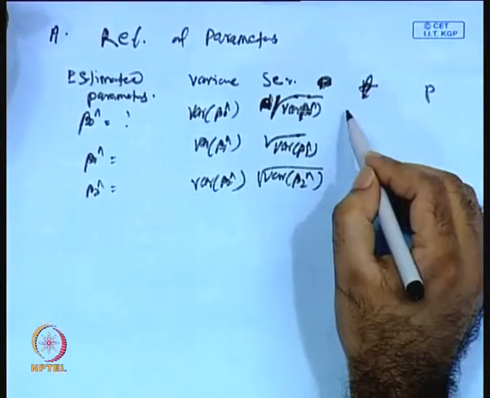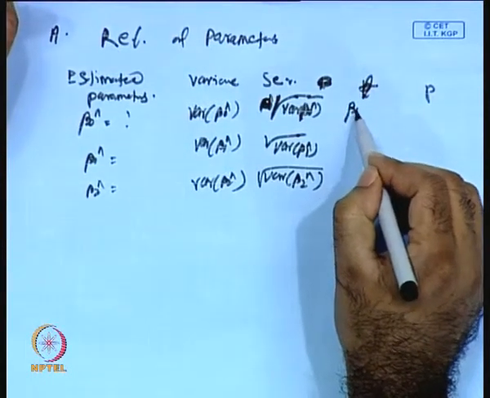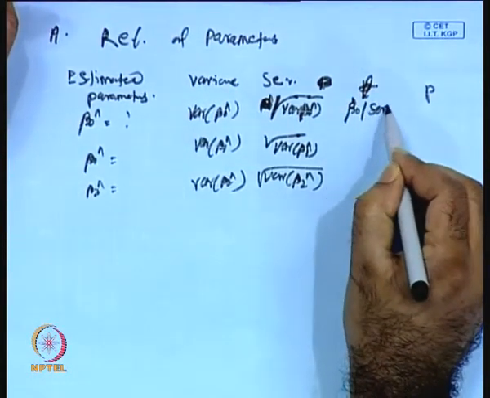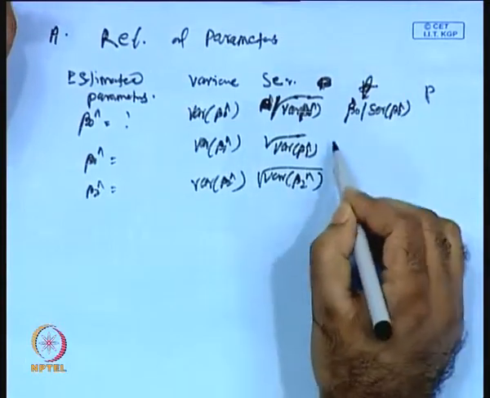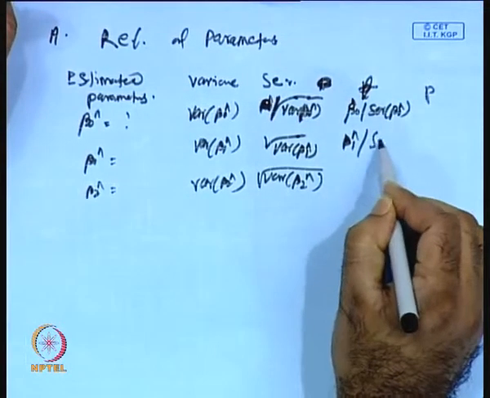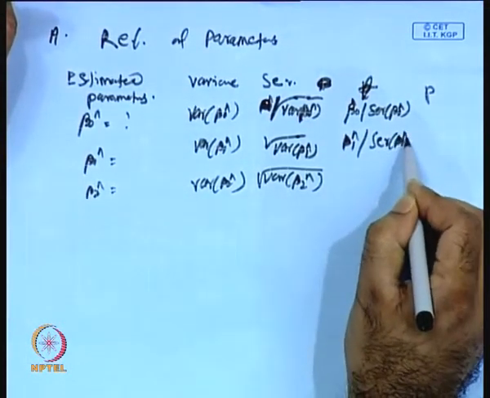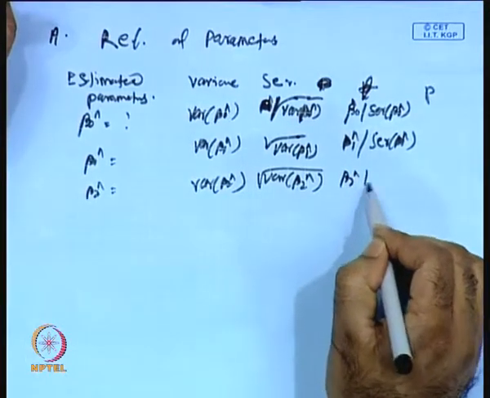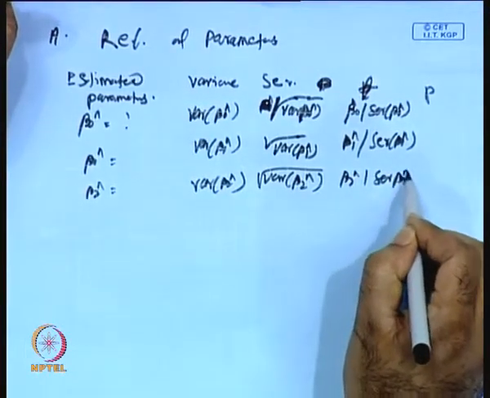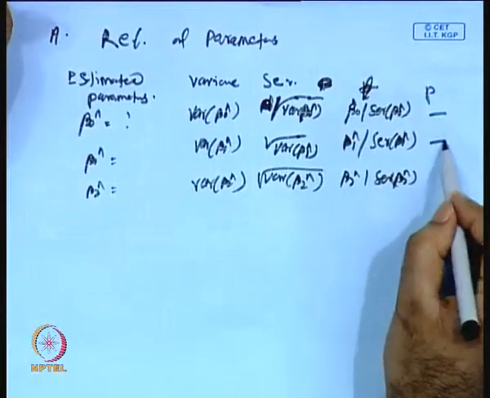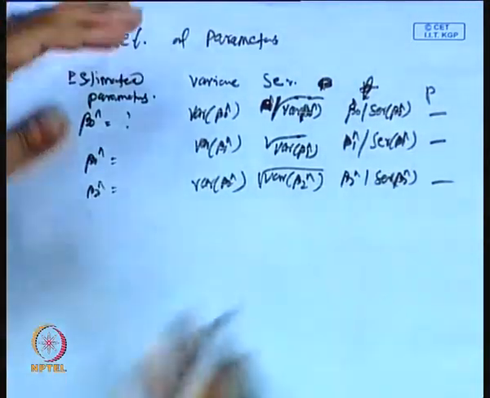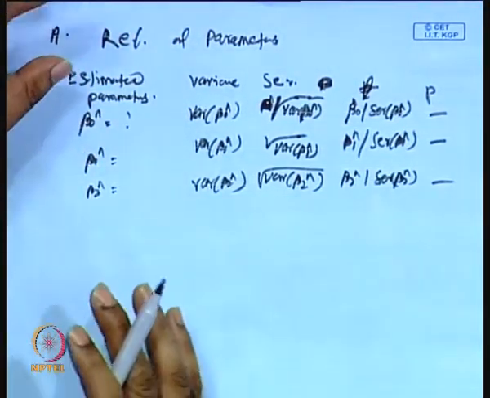So, now t is nothing but beta 0 hat by standard error of beta 0 hat, then beta 1 hat by standard error of beta 1 hat, then beta 2 hat by standard error of beta 2 hat. Okay. So, then the corresponding probability we have to check. So, what is beta 0 hat?